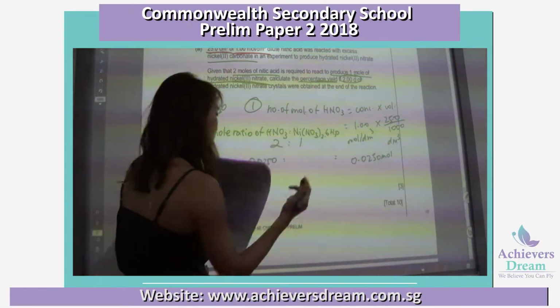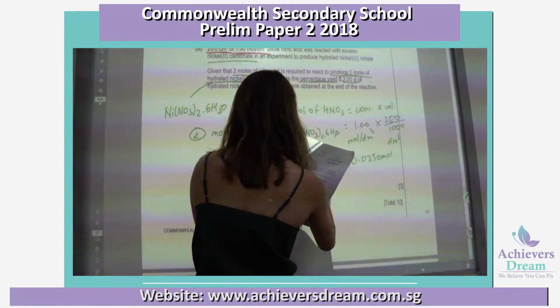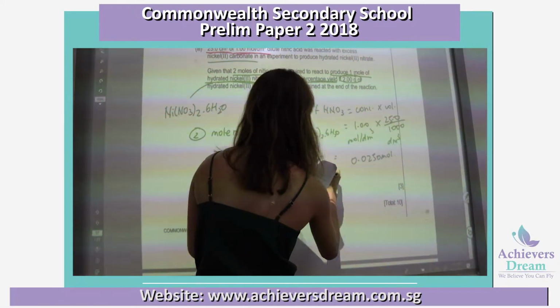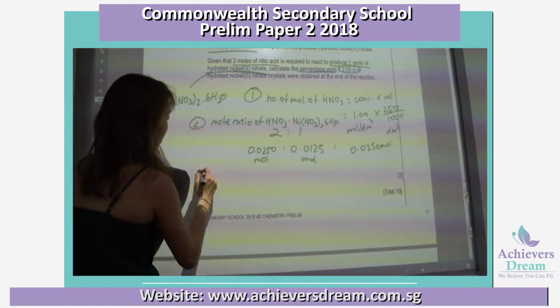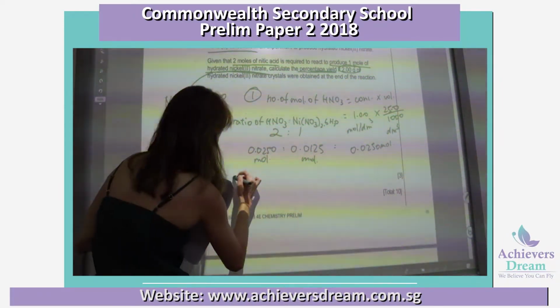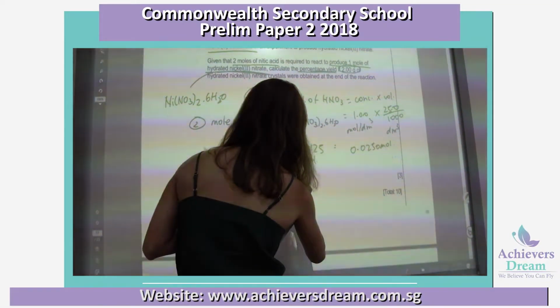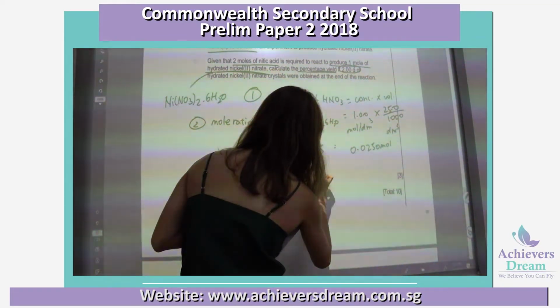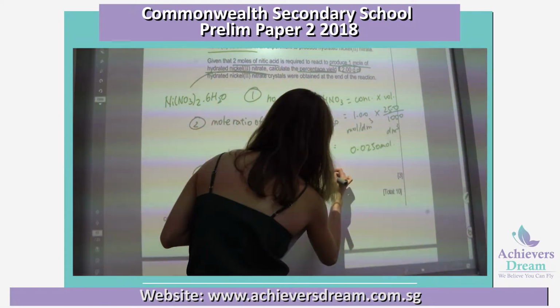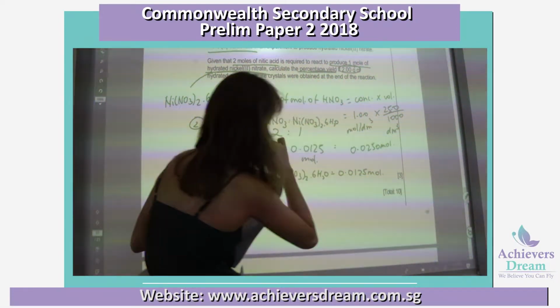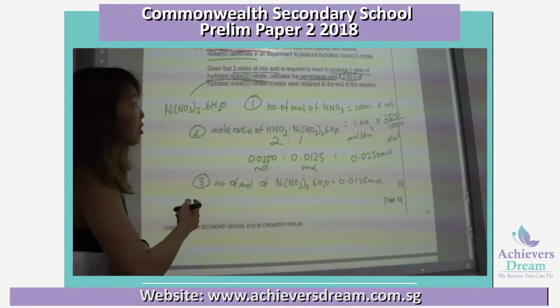I divide by 2, so it will give me 0.0125 mole. Okay, so now I have the number of moles of hydrated nickel 2 nitrate, which is 0.0125 mole.